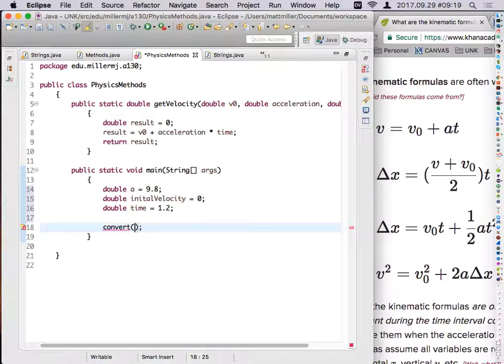So now what do I call this? How do you think I call it? I changed the name, so it's very confusing. You can do it. Come on. What do you think? What's my first argument?